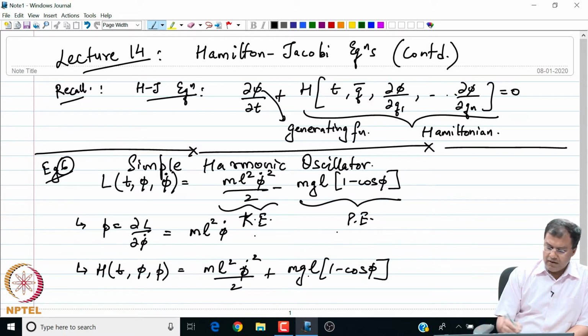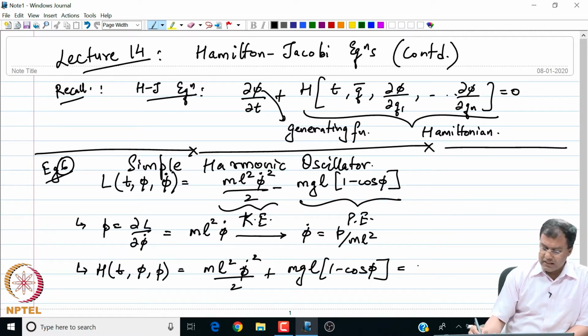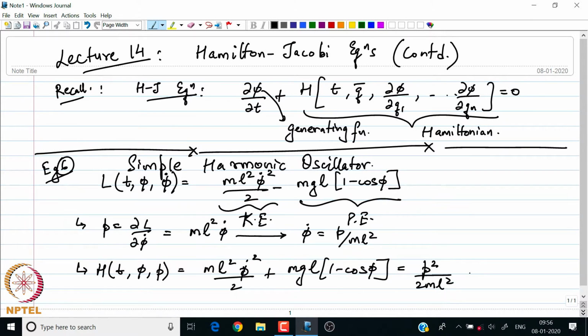Now, notice that we have the variable p instead of phi dot. So, I am going to replace phi dot from the expression above. Phi dot is p divided by m L square. From here I get the expression that H is p square by 2 m L square plus m g L times 1 minus cos phi.